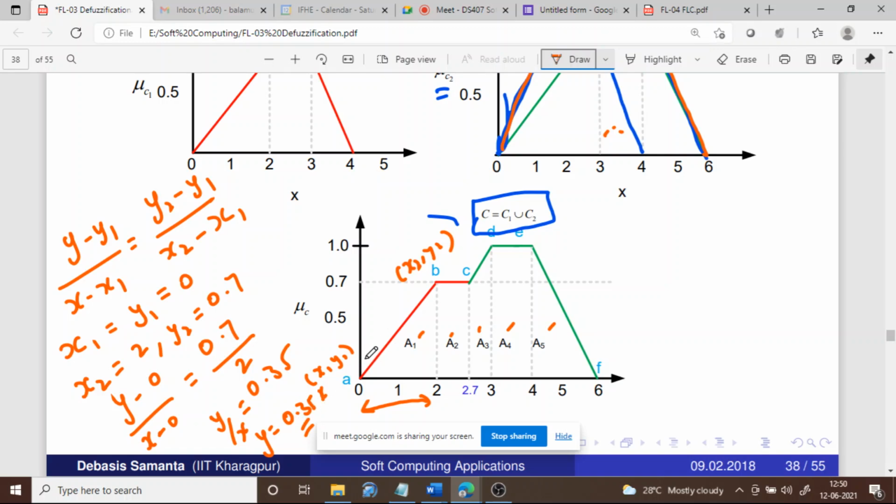Similarly, this is the area under this particular line. Similarly, you find the area of this portion BC.